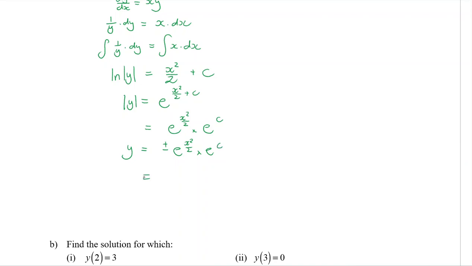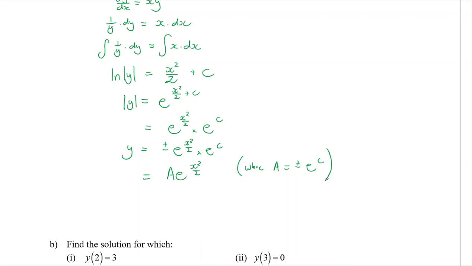We then want to simplify all the constants, and let's use a again. I'm going to call that a e to the x squared over 2 because I take all the constants out, where a is equal to the plus or minus e to the c. Easier the second time around?